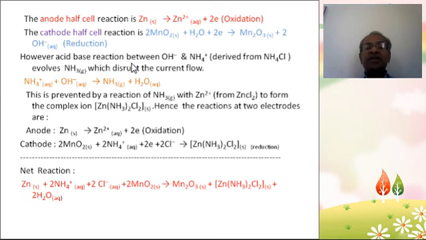However, the acid-base reaction between OH- and NH4+ ions, which are derived from the ammonium chloride, evolves ammonia gas, which disrupts the current flow.